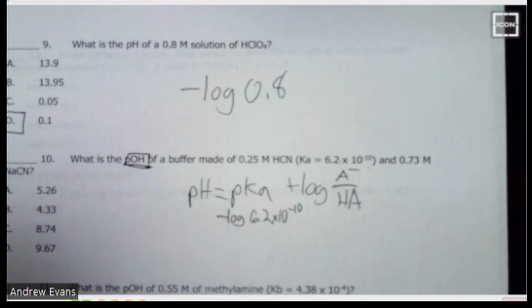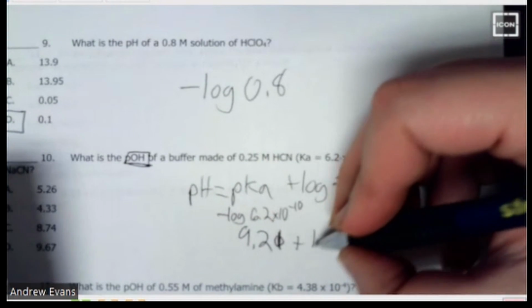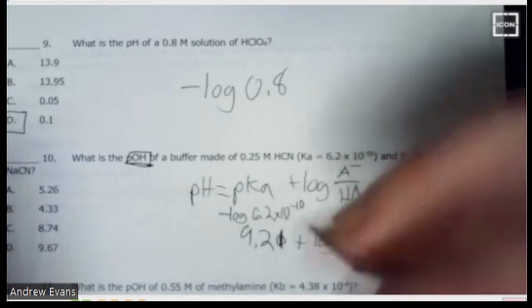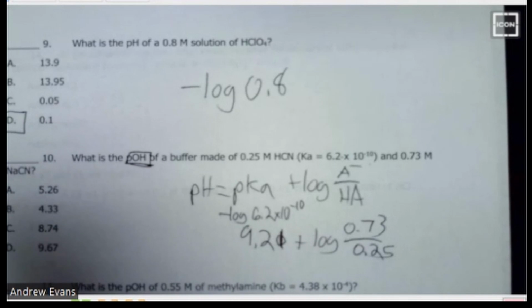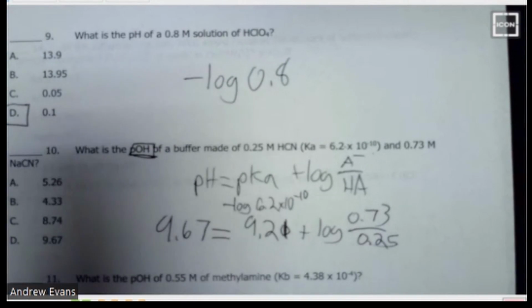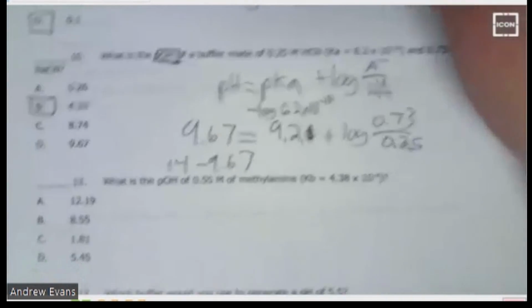The pKa is 9.21 plus log of 0.73 over 0.25. The pH equals 9.67. So 14 minus 9.67 is 4.33. There we go. Moving right along.